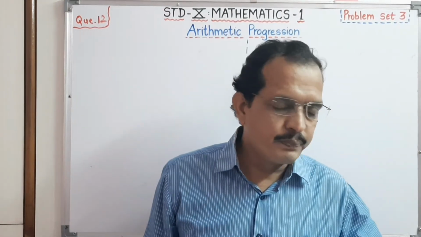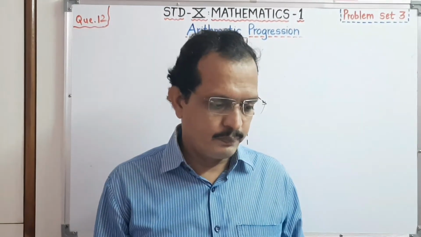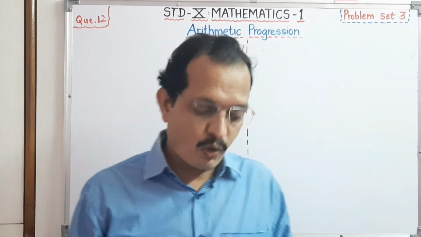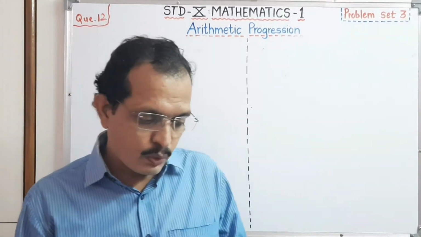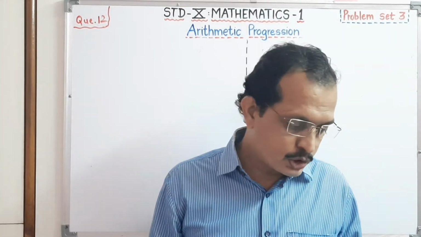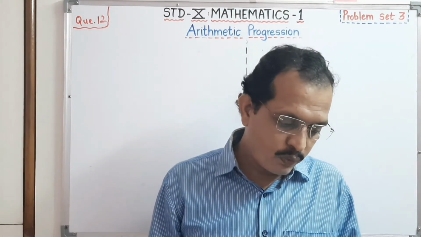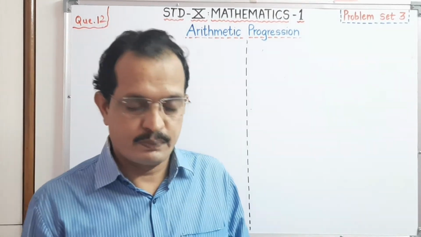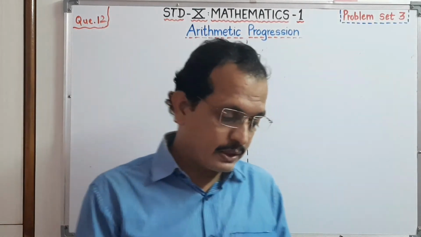Now we have to start with the next sum. Say dear student, question number 12. If the sum of first p terms of an AP is equal to the sum of first q terms, then show that the sum of its first p plus q terms is 0. See dear student, what is given?